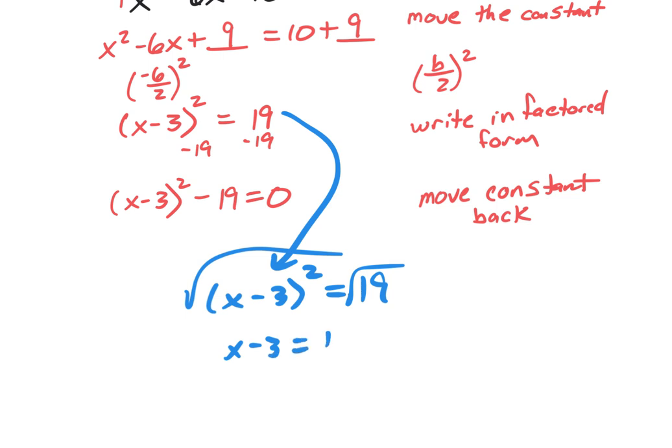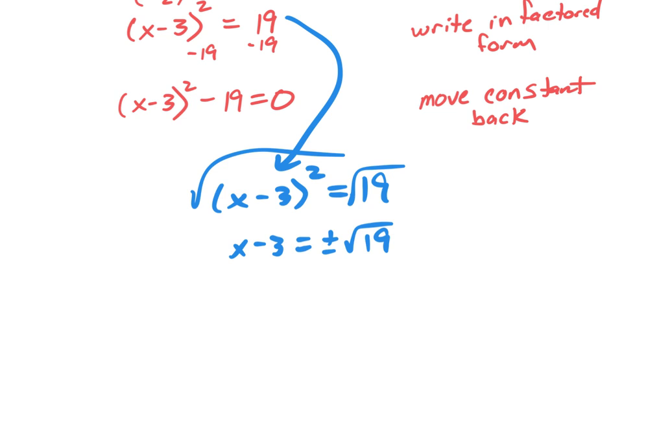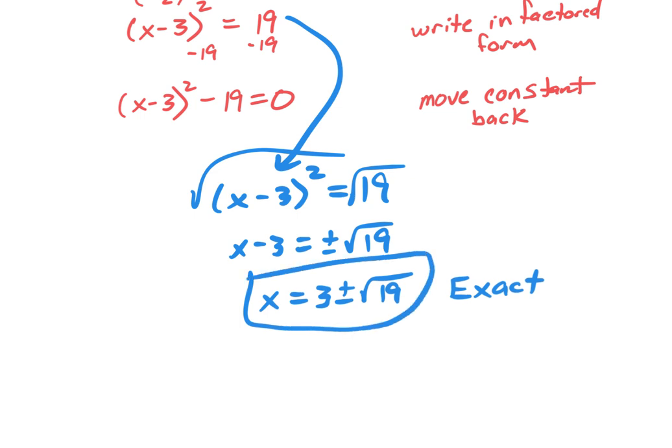Whenever I do the square root of both sides, I'm going to put plus or minus on my answer. And then to get x by itself, we're going to add 3 to both sides. So this would become 3 plus or minus the square root of 19. That is our solution.